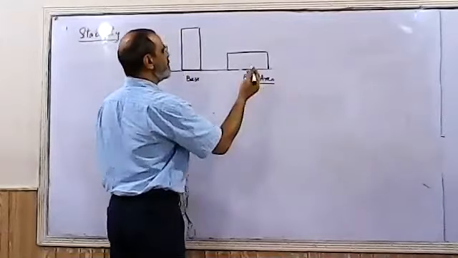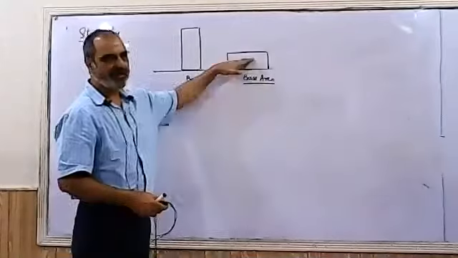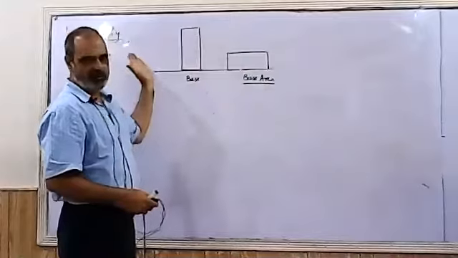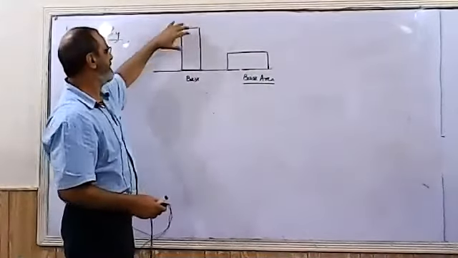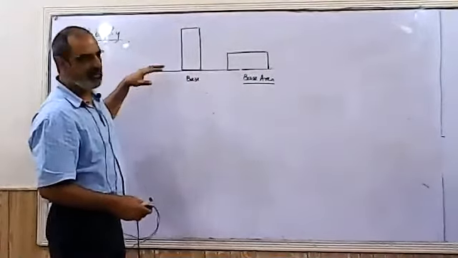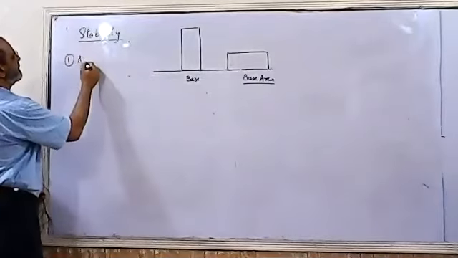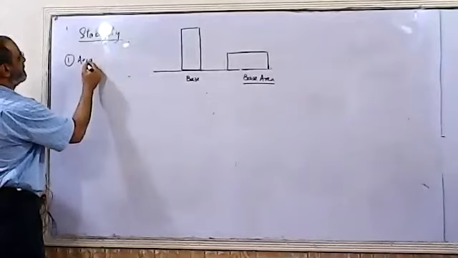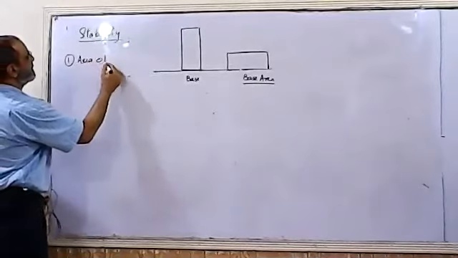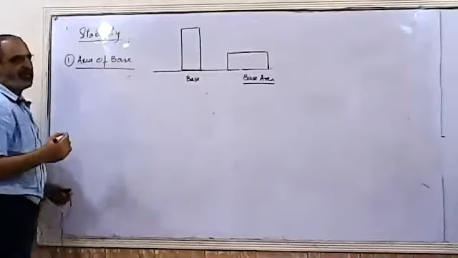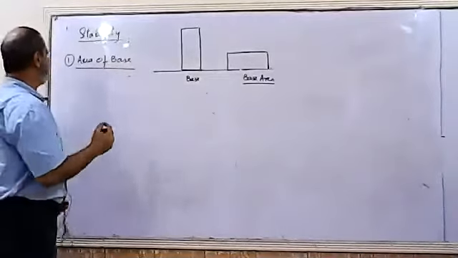The base area in contact with the ground in the second case is larger, so we can say it is more stable. We cannot make it topple down. This one can be toppled. If I push it a little, it may fall. So stability depends on the area of the base.